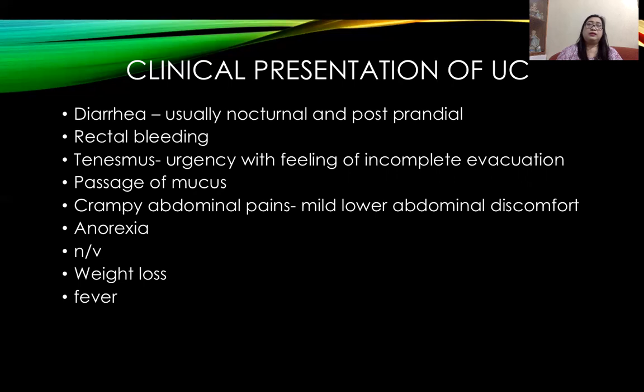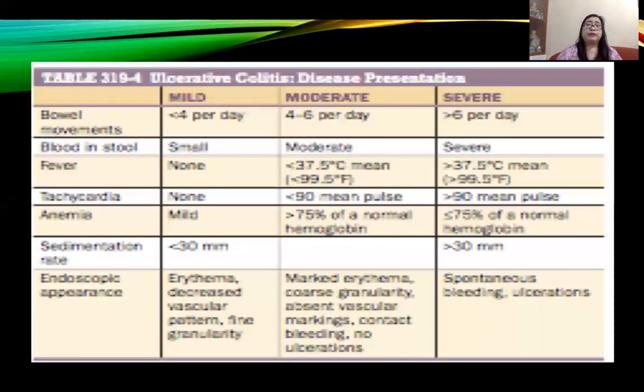So what you see is diarrhea with blood and mucus. Okay. The abdominal pain is said to be crampy and usually located at the mid-lower abdomen. And patients may develop anorexia with nausea and vomiting. And of course, weight loss. Some will develop fever or low-grade fever. Okay.